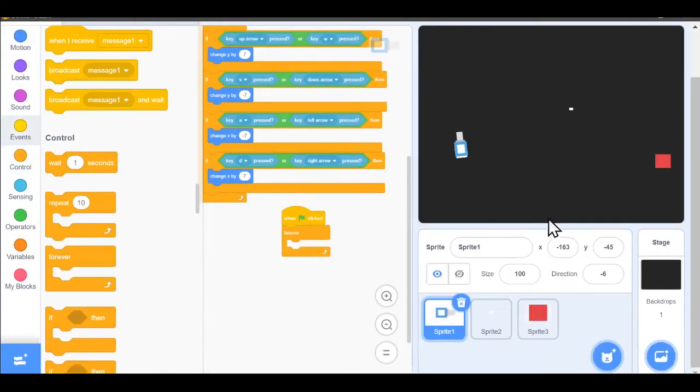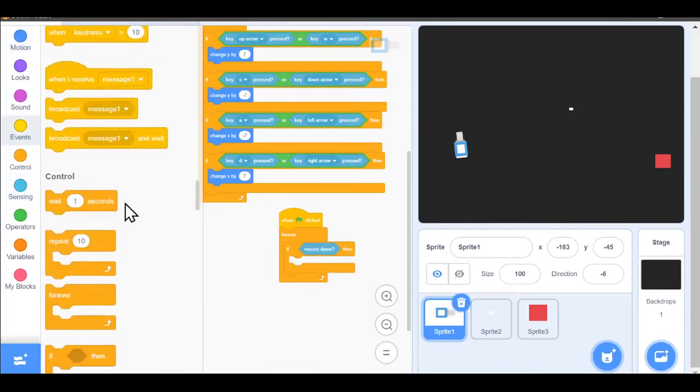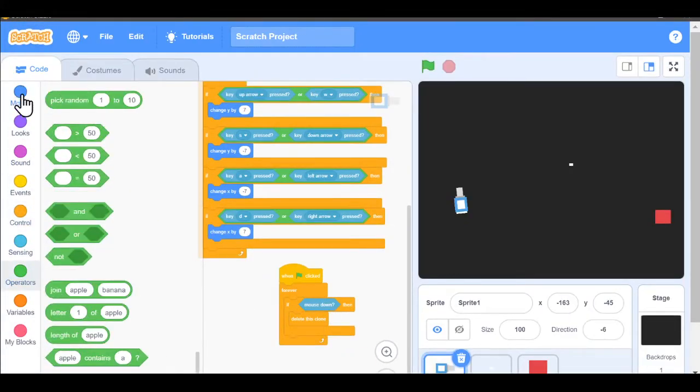Okay guys, now I'm doing the shooting mechanism.